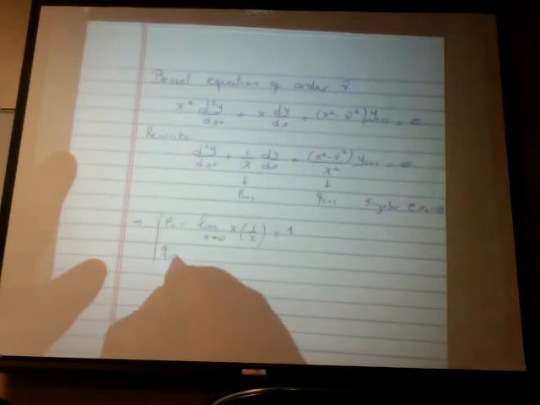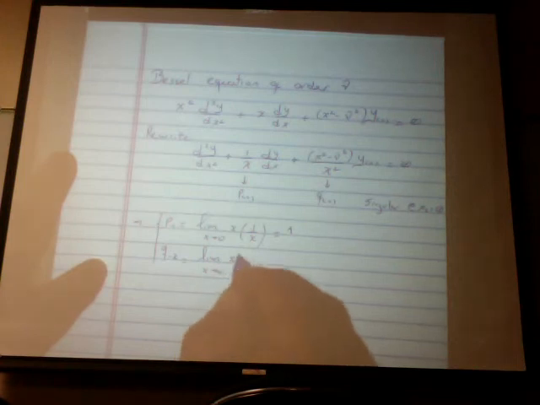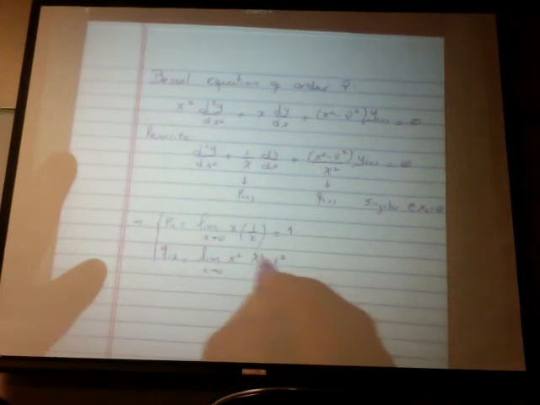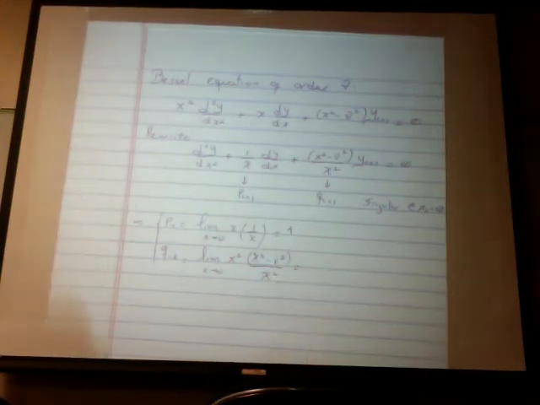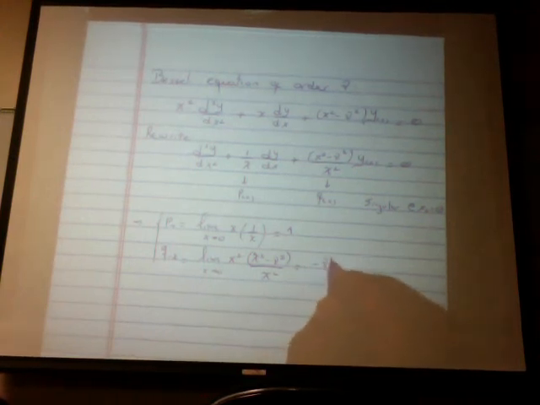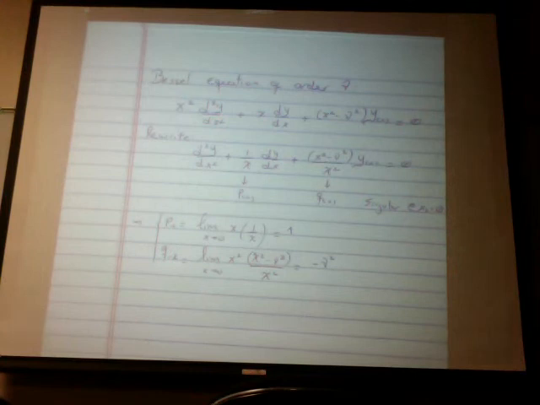And q0 is equal to the limit when x goes to 0 of x squared times q, which is x squared minus nu squared divided by x squared. And this is equal to what? When x is equal to 0, that goes to minus nu squared. So this is indeed finite. So that singularity is regular.